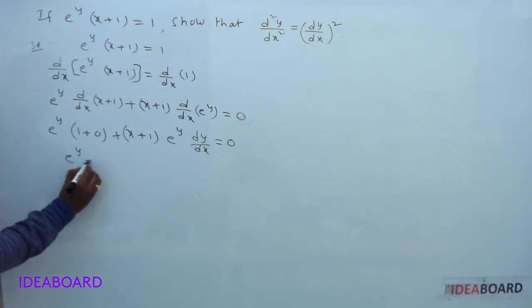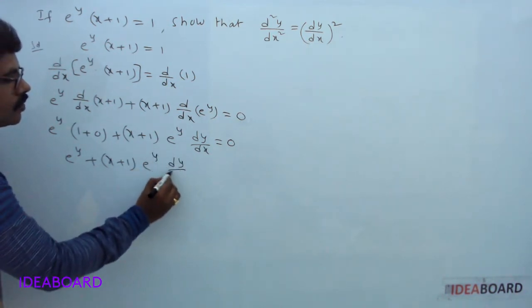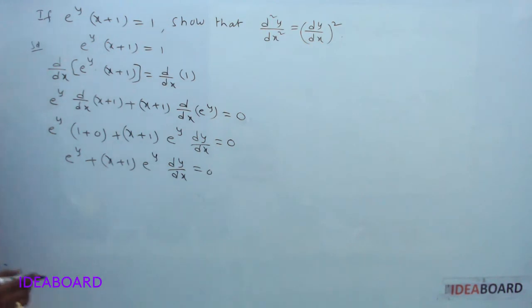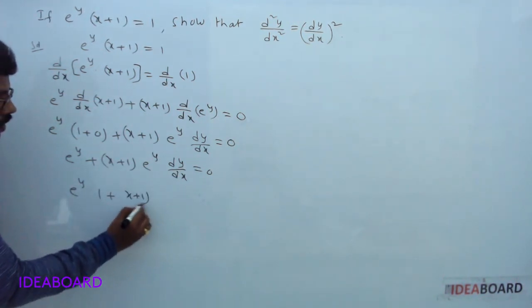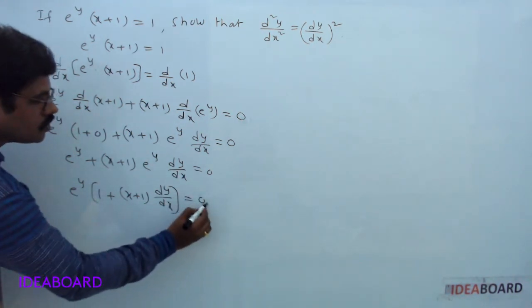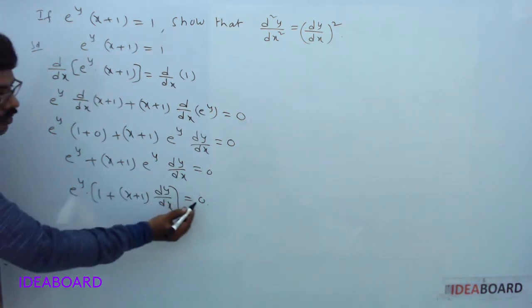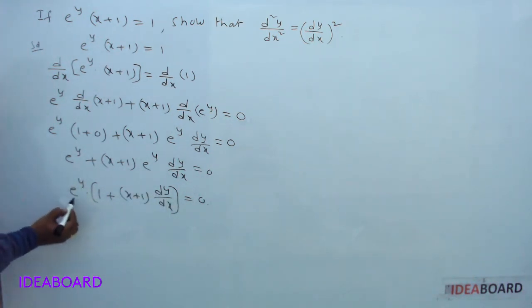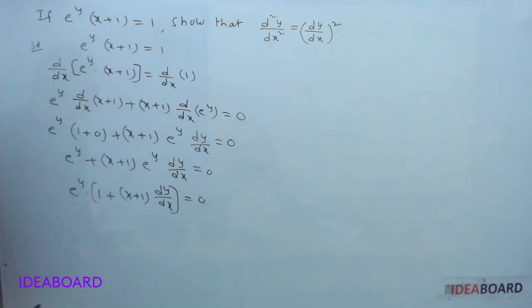Now this is e^y plus (x + 1) into e^y into dy/dx equal to 0. Now take the common factor e^y. So e^y into (1 + (x + 1) dy/dx) equals 0. Now if you observe this equation, it is of the form product AB equals 0. Here A is e^y, and B is 1 + (x + 1) dy/dx.